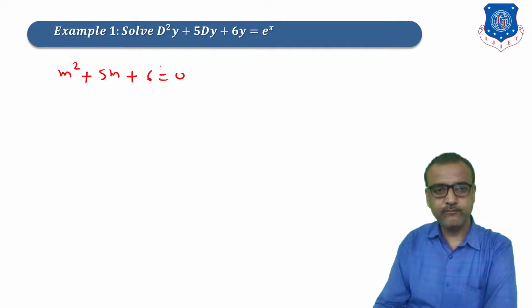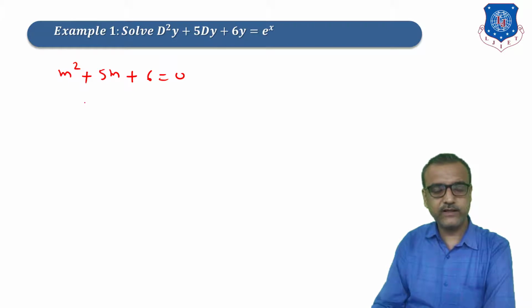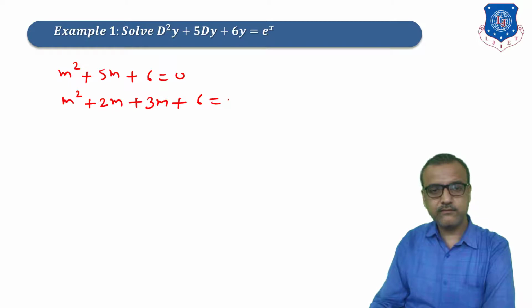Now we will factorize this equation. We will find two numbers such that their product is 6 and their addition is 5, and those two numbers are 2 and 3. So we have m square plus 2m plus 3m plus 6. Now taking m common from these two terms and 3 common from these two terms.